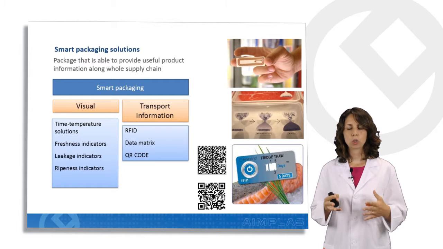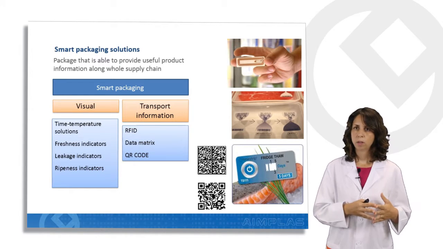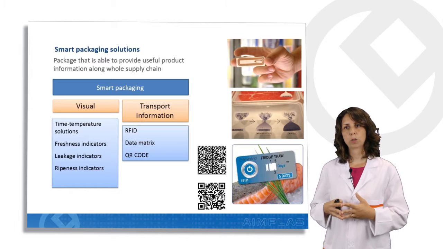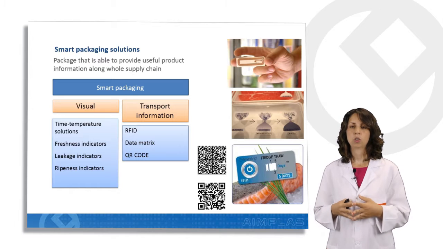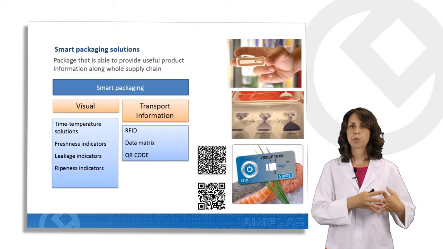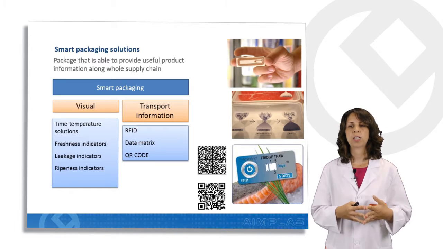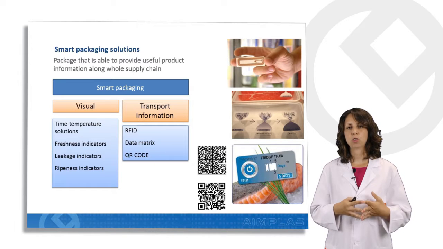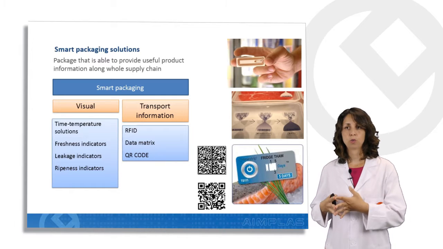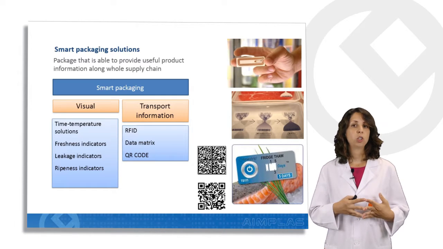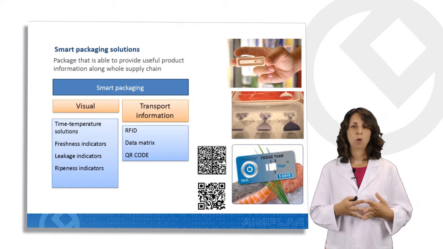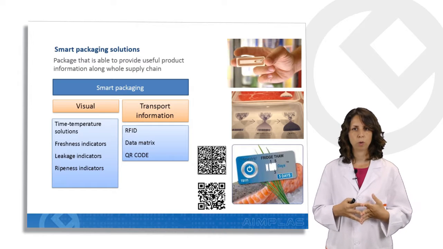Some solutions could be visual, or others could transport information. For visual solutions, we can use temperature indicator, freshness, leakage indicator, or ripeness indicator. To transport information, we can use RFID antennas or 2D barcodes such as data matrix or QR codes.